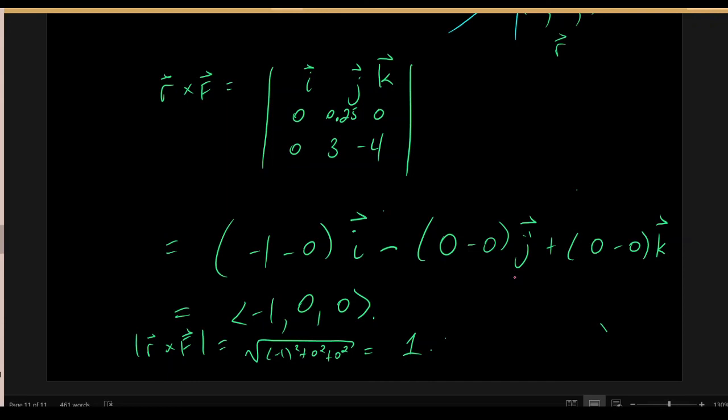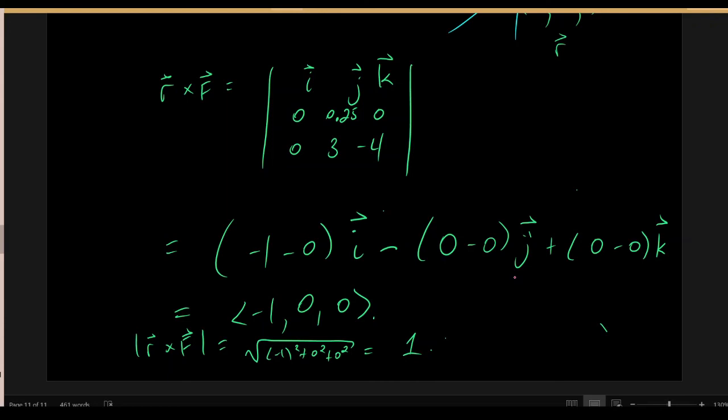To sum up what we did today, we gave the formula for the 2x2 and 3x3 matrix determinants, and then defined the cross product as a specific case of a matrix determinant, where the top row was i, j, k, the second row was the entries of the first vector, and the third row was the entries of the second vector.